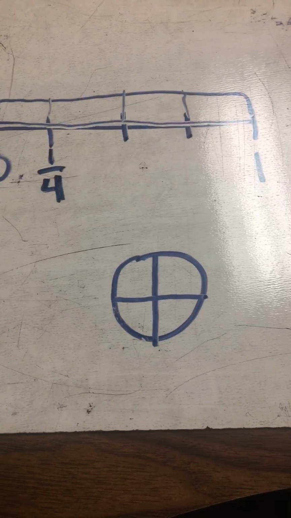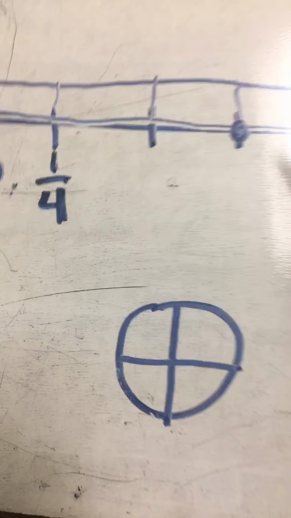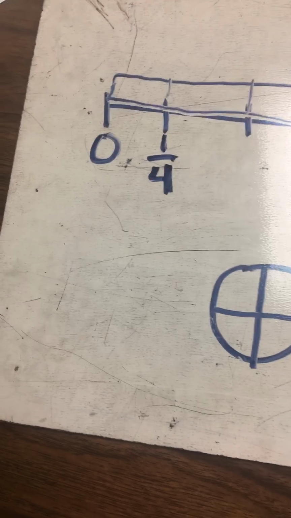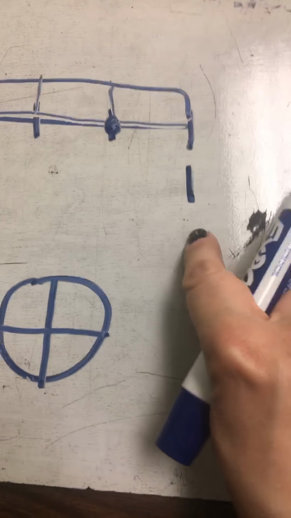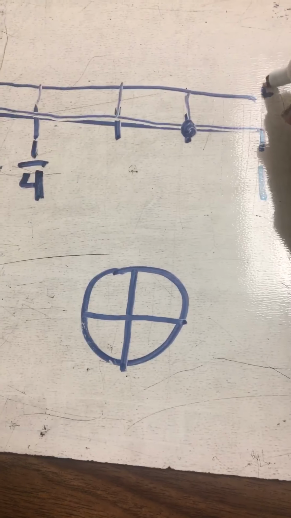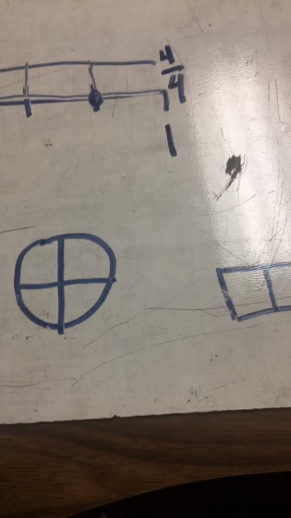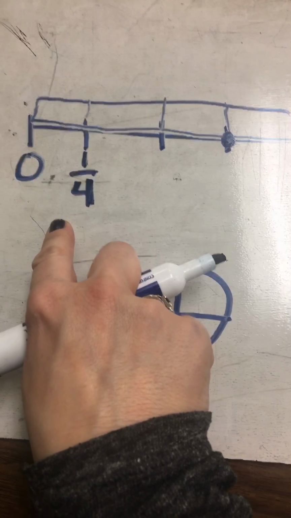So I'm gonna throw a little curveball at you. What if I was here? Well, if this is 1/4, if I come over to my one whole thing, that means I've gone all 4 of the fourths. What would have to be here? This is 1/4, and you're just counting.